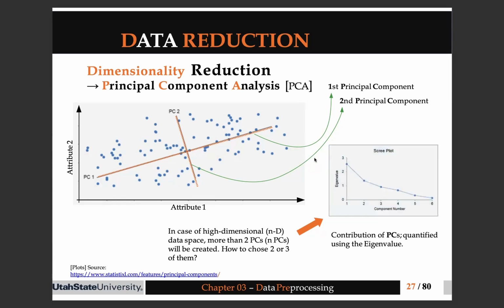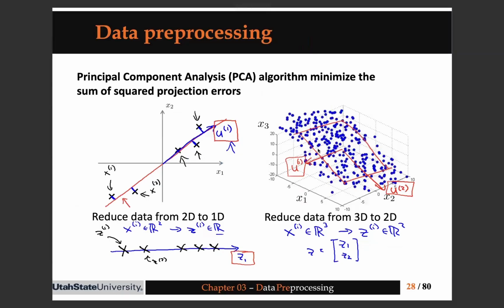All right, so the next question: how many components should we use for expressing our data set? We're going to answer that in the remaining slides, after first trying to understand how it works. The way it works is that first, PCA is trying to minimize the sum of the squared projection errors.